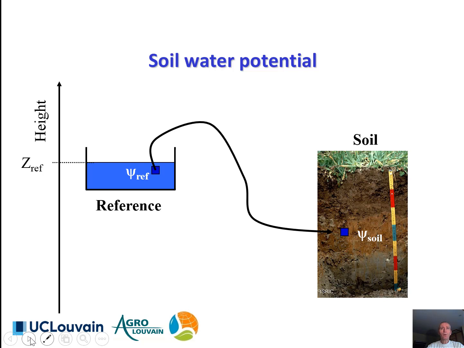We therefore need to look to the energy status of the water in the soil. Indeed, if we want to transport water, it will consume energy. In a classical approach that is followed in this present course, we consider that water is situated in the meso and the microporosity of the soil system.